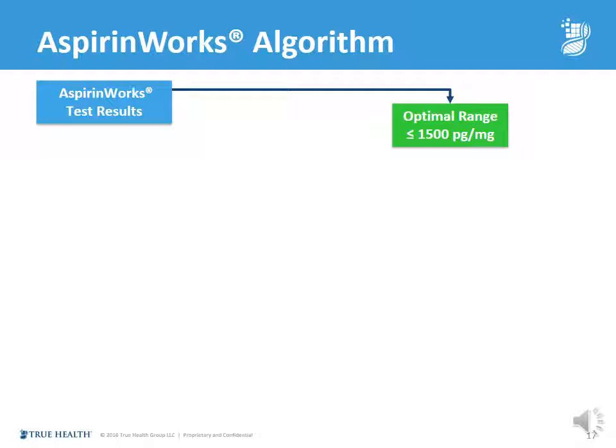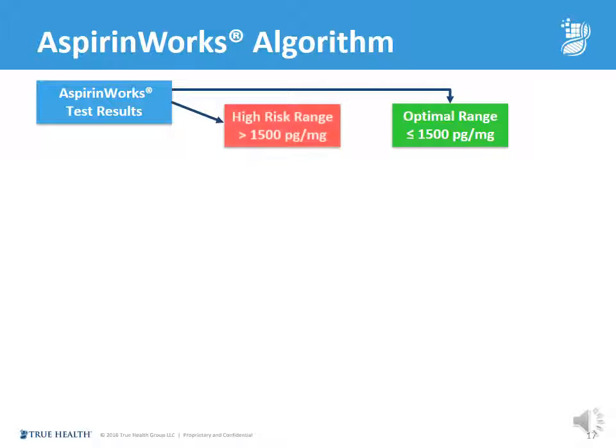Now, if this patient is already on aspirin and it's optimal, you certainly know the aspirin use has inhibited COX-1. Should you stop it or see what happens? That would depend on the underlying risk of the patient. In very high-risk patients, unless there's a contraindication, most would continue the aspirin.